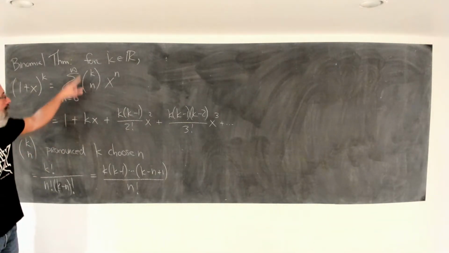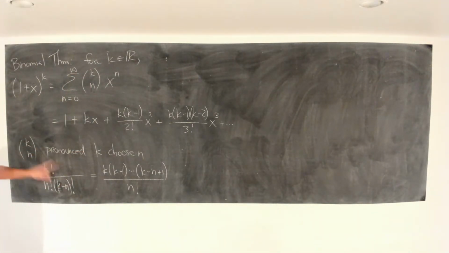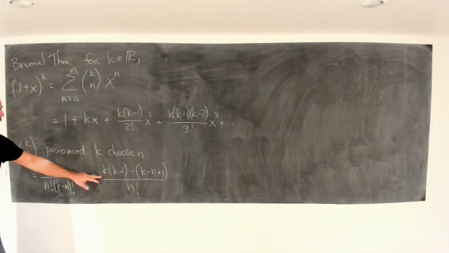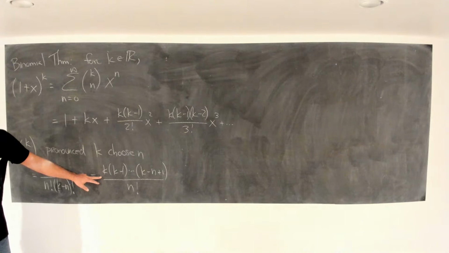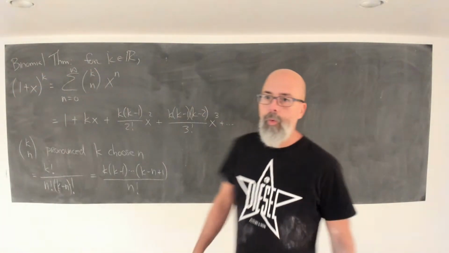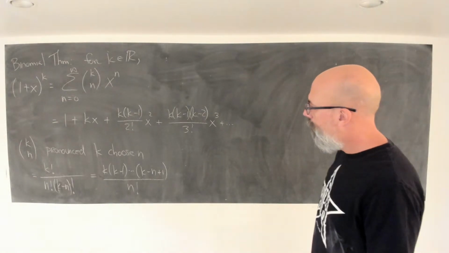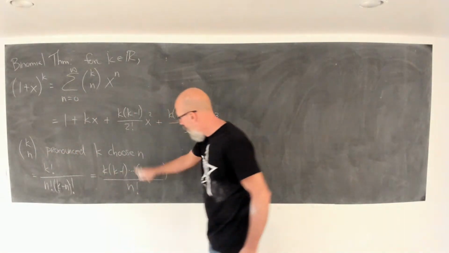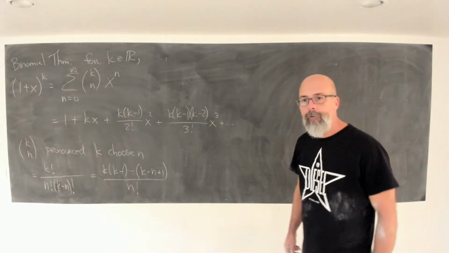The point being that this is really only defined for integer values of K, where K is bigger than n, but this is now defined always.